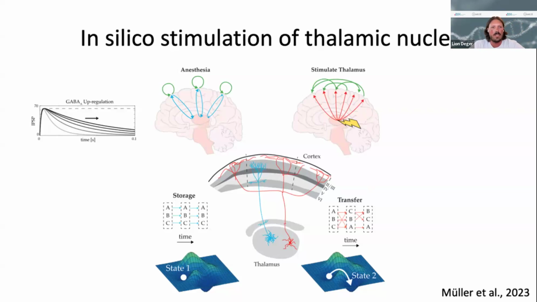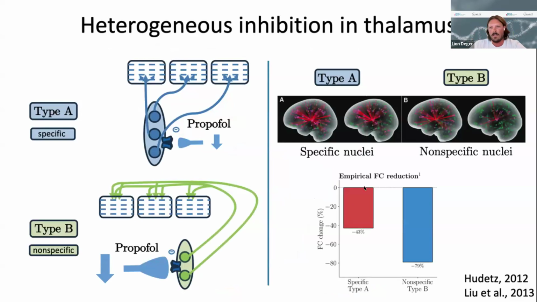But what has not been tested is maybe a connecting piece: what if there's a differential mechanism in the thalamus? And this is where I come in, because there is a mechanistic hypothesis that in the thalamus there's actually not uniform inhibition, but heterogeneous inhibition.